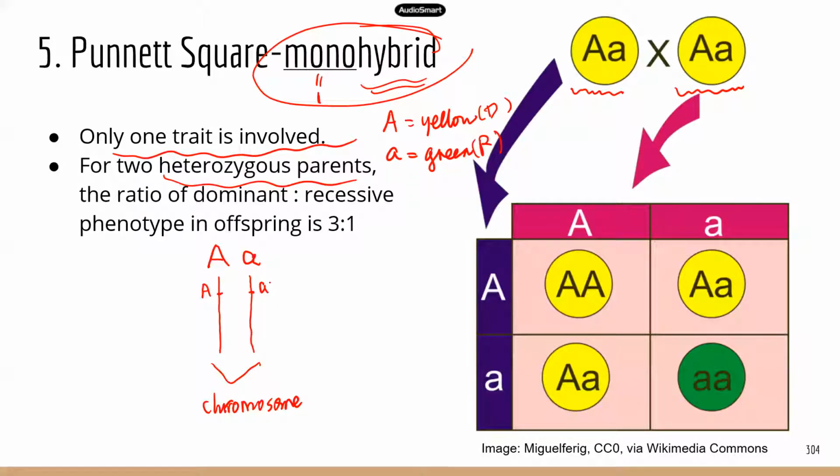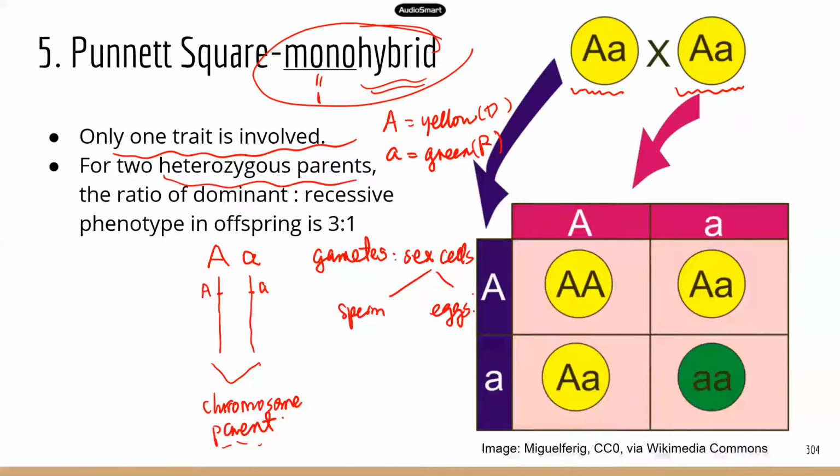Now, we haven't talked about meiosis, but just remember this. When this parent is making gametes, we did talk about gametes, right? Gametes are basically sex cells. So it could be sperm or eggs. Now, when an individual makes gametes, the two copies of chromosomes will end up in two different cells.